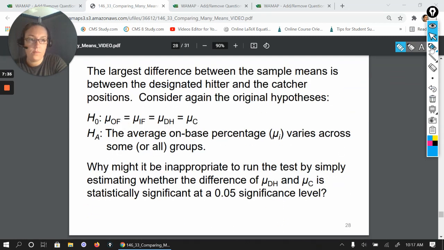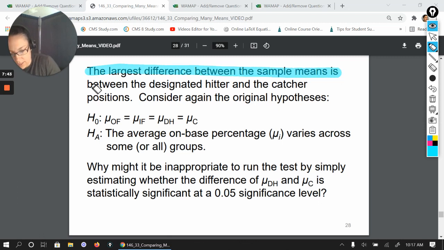Example 7. The largest difference between the sample means is between the designated hitter and the catcher positions. Consider again the original hypotheses. The null hypothesis says that all of the means are equal, and the alternative hypothesis says that the average on-base percentage varies across some or all groups. In other words, at least one mean is different than the others.